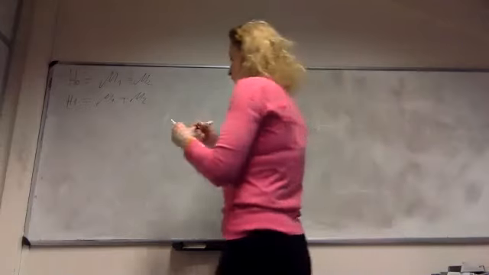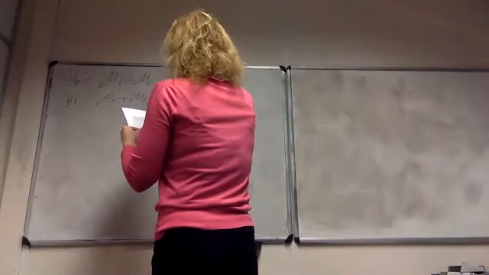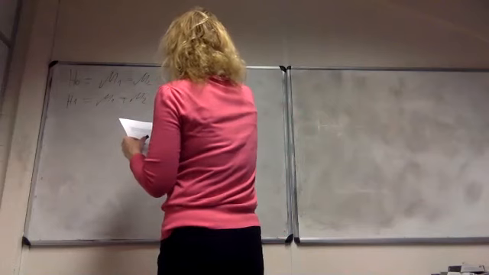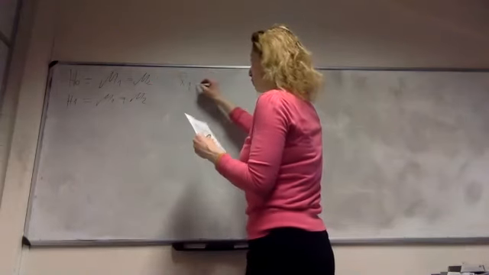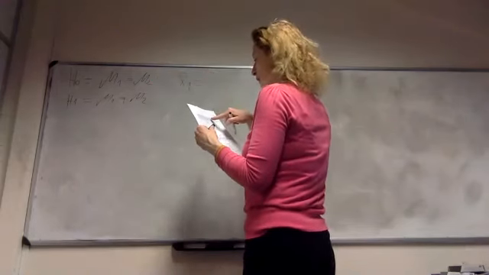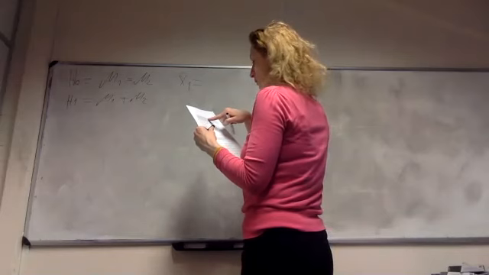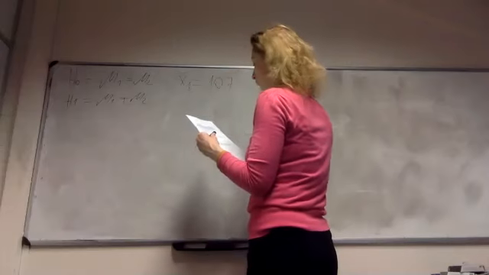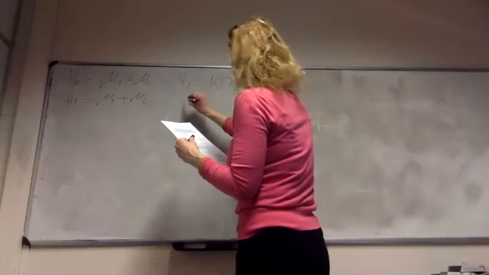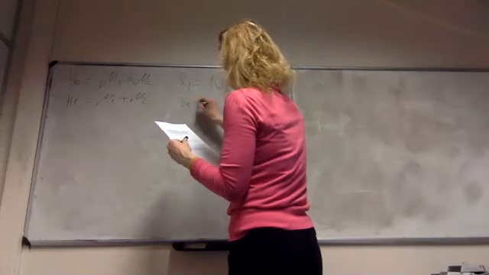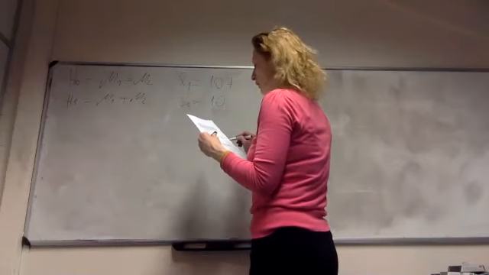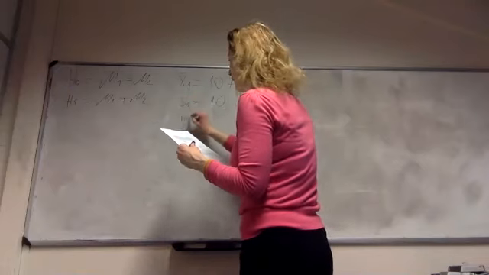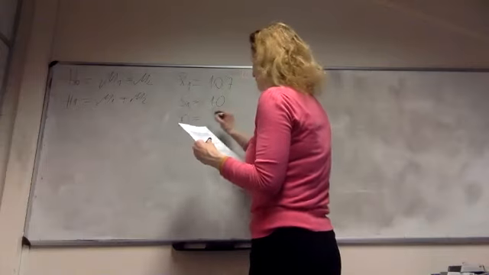Let me write it down. So the mean of the IQs of the first group is 107. Okay, and the standard deviation is 10. And the sample size, that is the number of students, is 16.